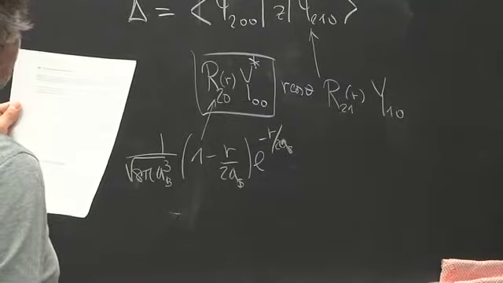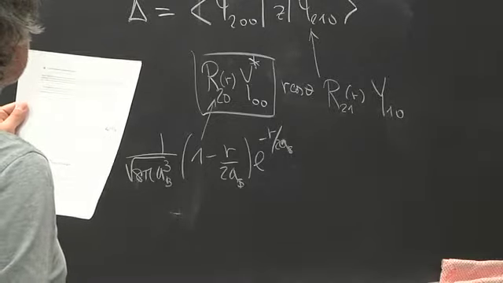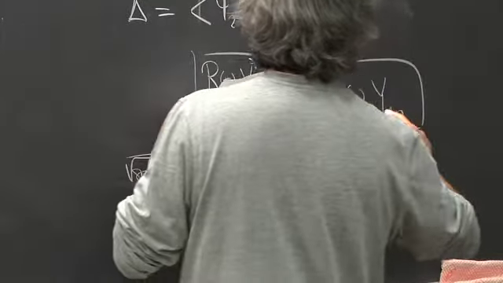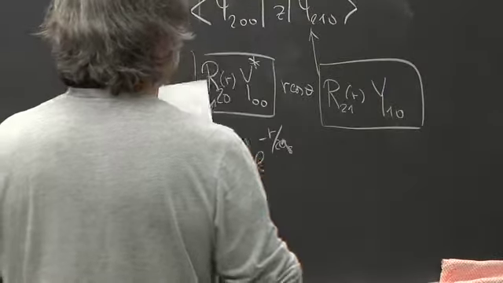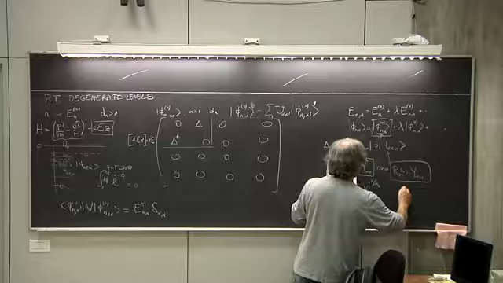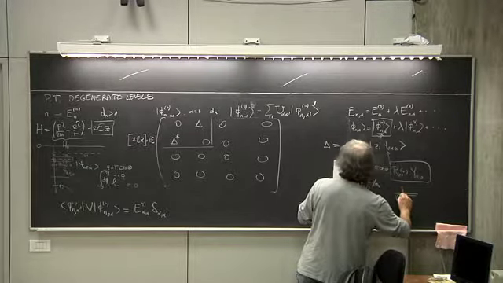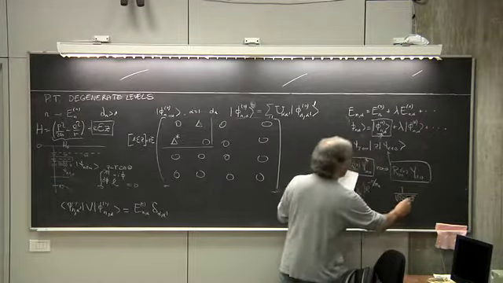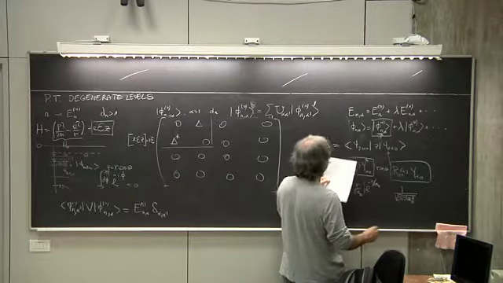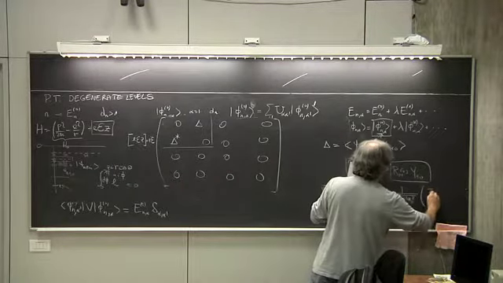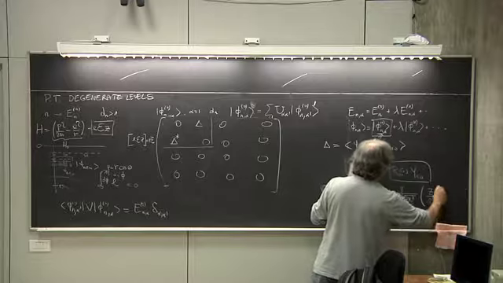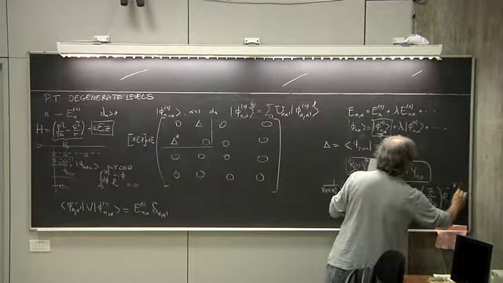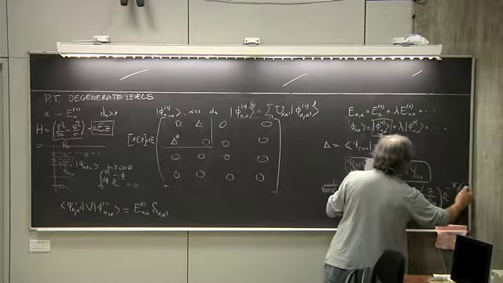The function here to the right, including the spherical harmonics, you can really express as follows. 1 over square root of 32 pi a Bohr cubed times z over a Bohr times e to the minus r over 2 a Bohr.